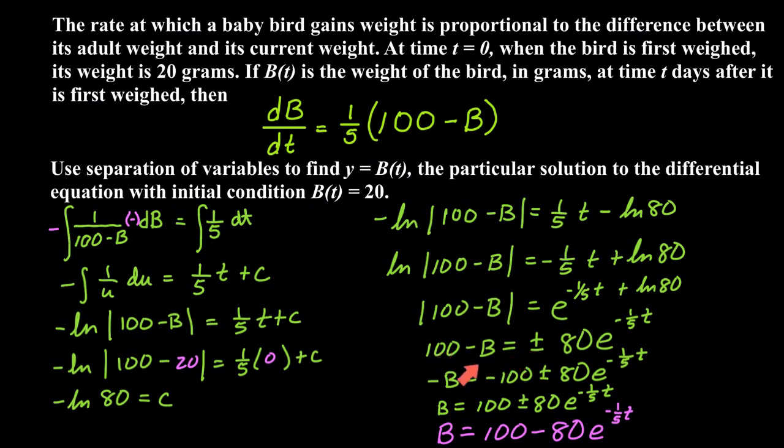All right, so then subtracting 100, then dividing by the negative, you end up with 100 plus or minus this. And we do have to use our initial condition to determine if it's plus or minus. Plugging in 0, you would need to subtract 80 in order to get 20 as our result. All right, so that concludes that.